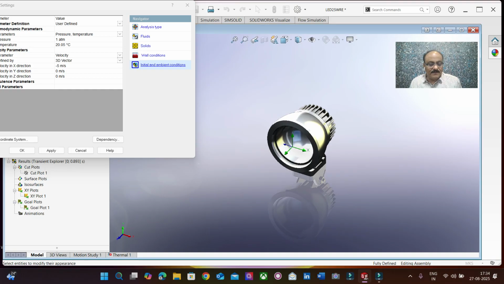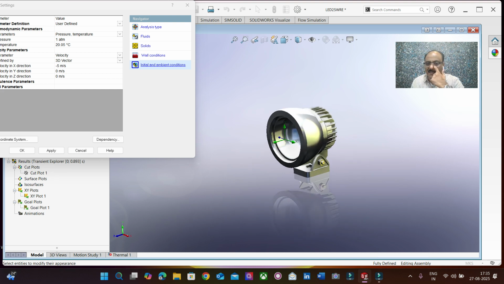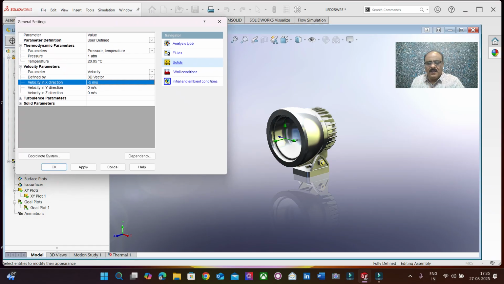The inline axis, in which the LED bulb is mounted, is Z, the vertical is Y, and the horizontal is X. Let me assume that in the X direction I am throwing out air at 5 meter per second. I am applying a negative symbol because it is in the backward axis. X is on the positive number line, so I am giving it on the negative number line.